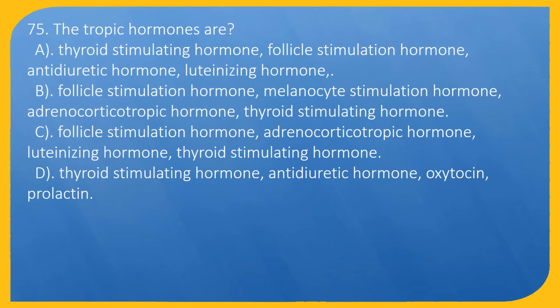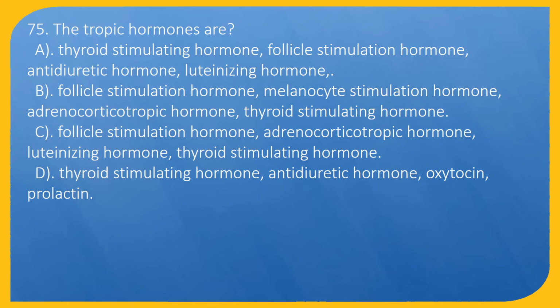Question 75. The tropic hormones are A. Thyroid stimulating hormone, follicle stimulation hormone, antidiuretic hormone, luteinizing hormone. B. Follicle stimulation hormone, melanocyte stimulation hormone, adrenocorticotropic hormone, thyroid stimulating hormone.